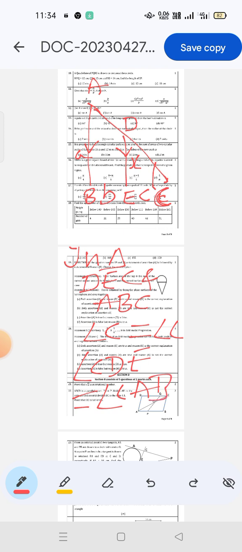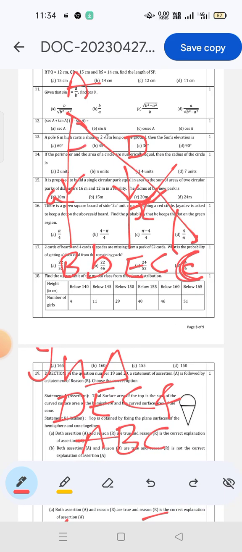Why? Corresponding angles. DE is parallel to AB, and if two lines are parallel, the corresponding angles are equal.